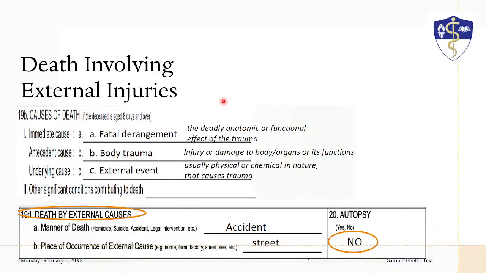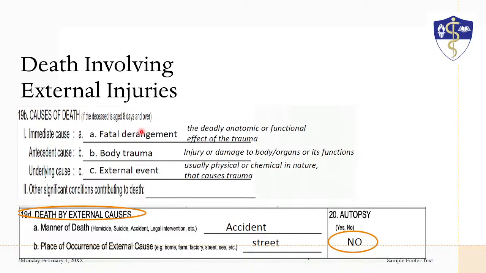Fatal derangement is the immediate cause. This is not an example, this is the guideline. The guideline in letter A is the immediate cause. You place the fatal derangement, for example fractured skull.